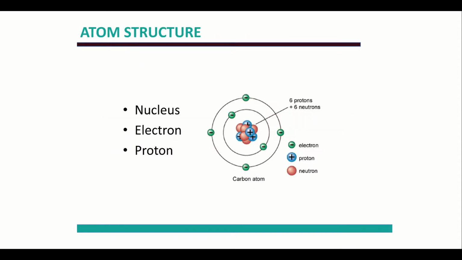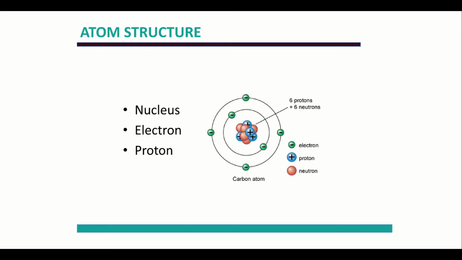In order to understand radiation, we have to break it all the way down to the very basic fundamental unit of matter, which is an atom. An atom is a molecule that has, and this is going to remind you of chemistry. Hopefully this is not brand new to you. You've heard this before. But again, an atom is the basic unit of matter, and all atoms have three components.